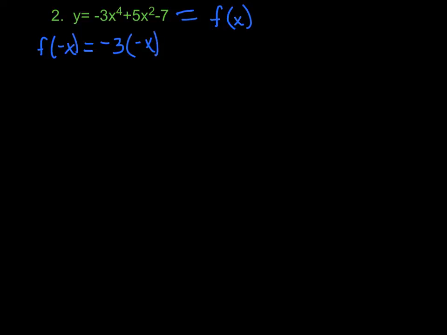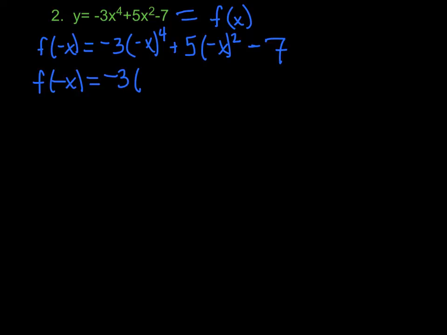So here we go. In this case, I'm going to raise it to the 4th power, plus, I'm going to bring down that 5. I see an x, so I'm going to replace it with a negative x, and then raise that to the 2nd power, and then minus 7. So I'm going to keep simplifying this a little bit. I'm going to keep the negative 3 for right now.